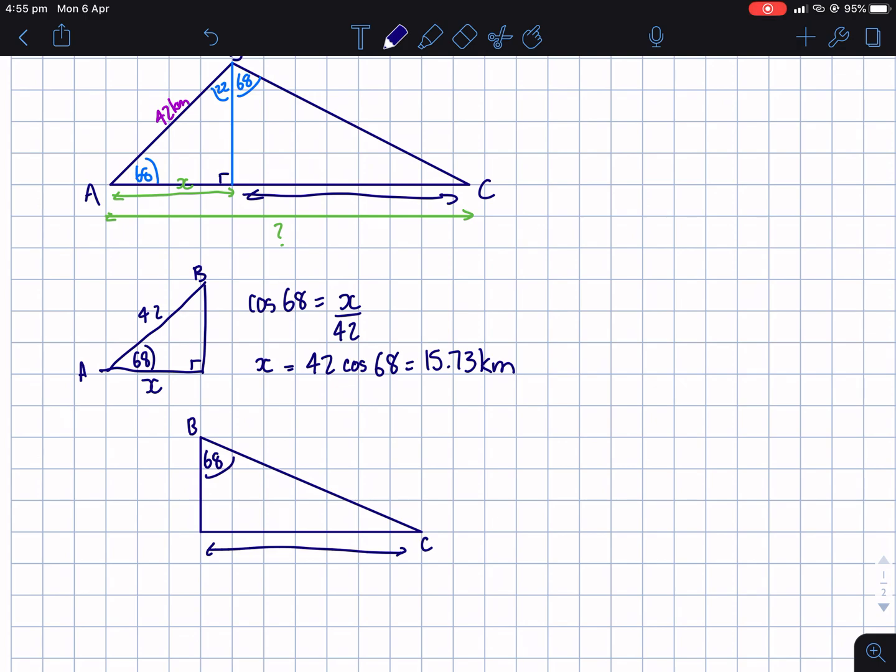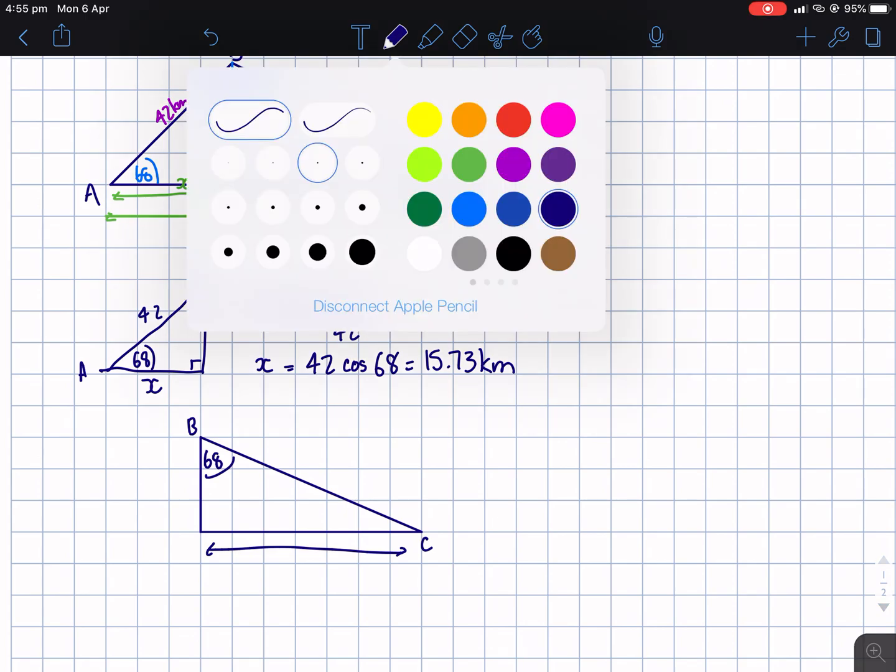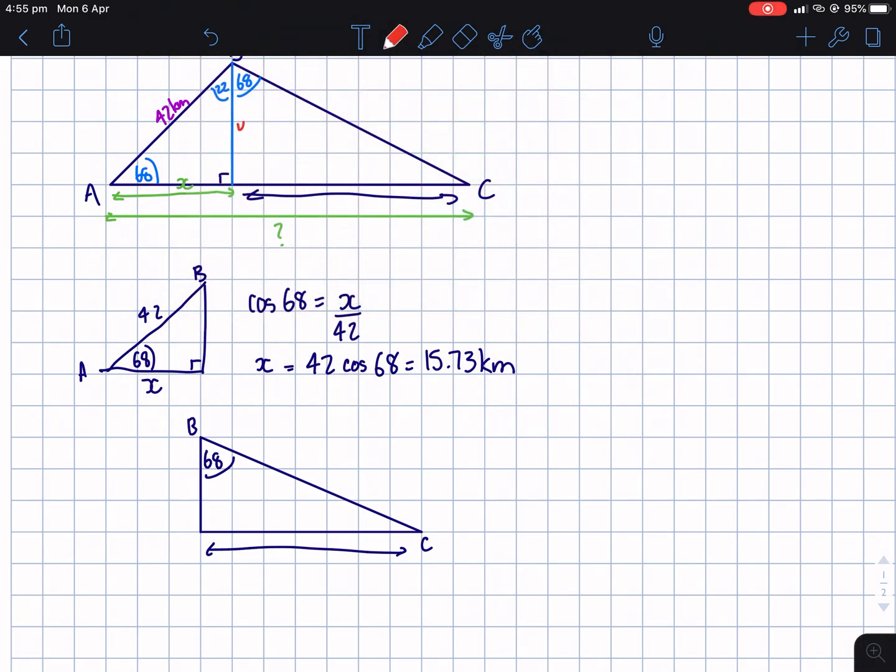Do I have enough information about this triangle yet? I don't. What I can do is find this height, y, which is the same here, the same line every time. Now if I want to find y, then I could have done sine 68 equals y over 42. So y equals 42 sine 68, which is 38.94 kilometres.